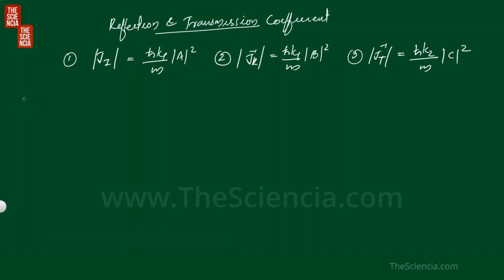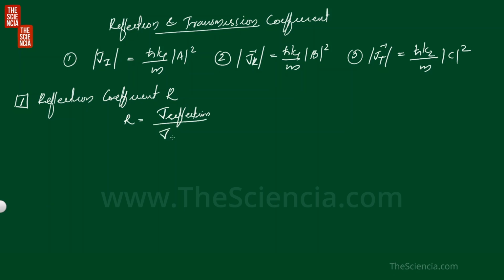The reflection coefficient R is defined as J reflected by J incident.